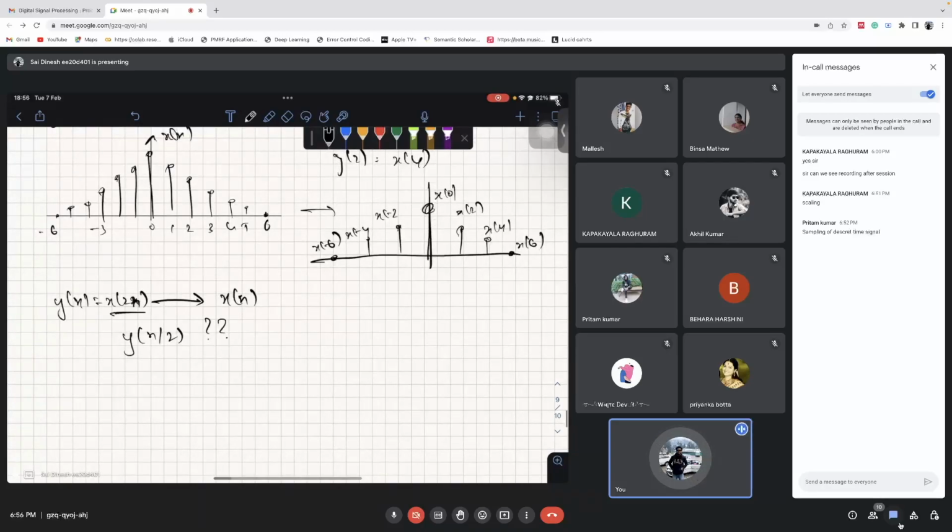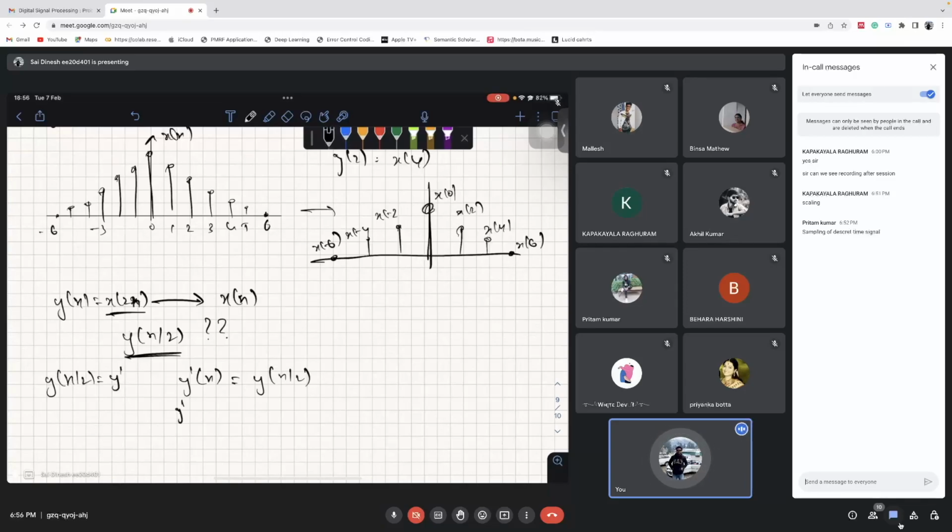So we have an x of 2n that we have, like y of n by 2. So let's say y of n by 2 is equal to y dash. So y dash of n would be y of n by 2.